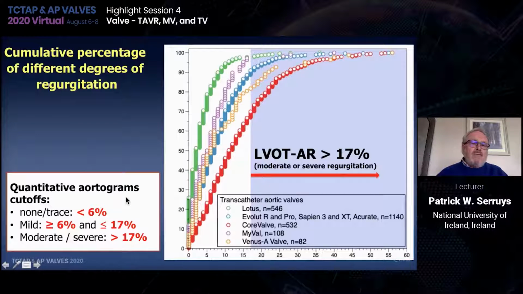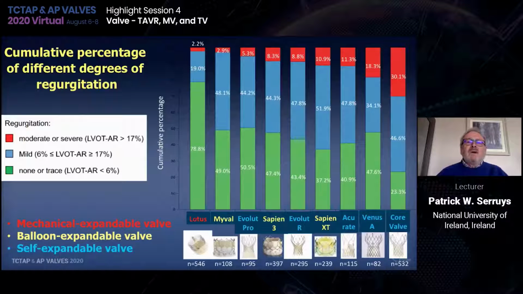Usually we quantify the aortogram by none-trace less than 6%, 6 to 17 mild, and above 17 moderate and severe. You see here again the distribution between severe in red, mild 6 to 17 in blue, and in green none or trace.